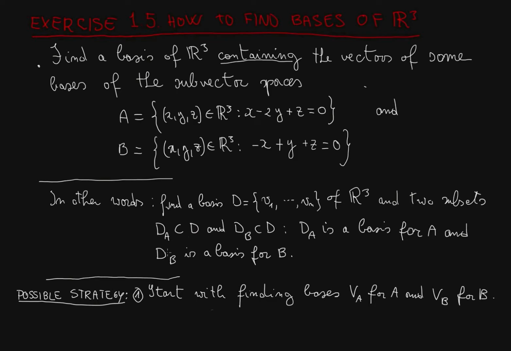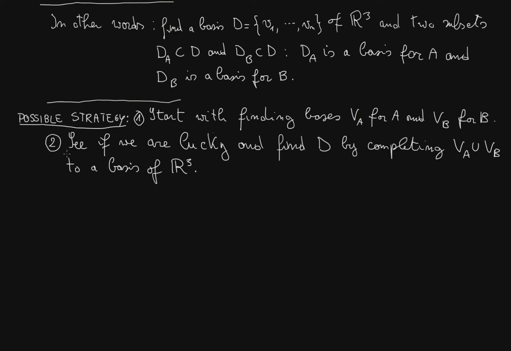So let's see one possible strategy. One possible strategy is to start by finding a basis VA for A and VB for B. The second step is to see if we are lucky, which means that we are able to find the basis D we are looking for by completing the union of VA and VB to a basis of R3.